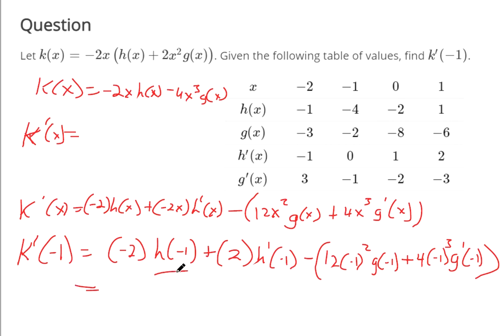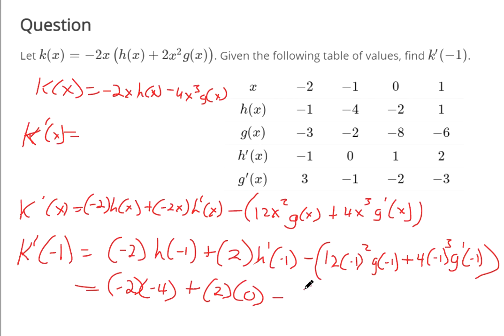Okay, so h at negative 1, here's negative 1, here's h, the table says that value is negative 4. And then this is negative 2 times h prime at negative 1, this is h prime, this is negative 1, so that means we're going to get 0.